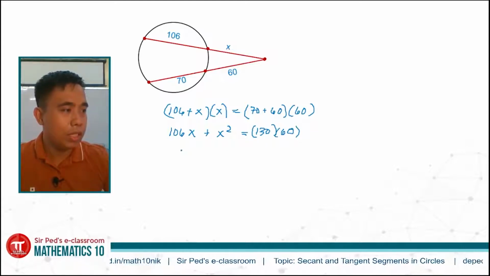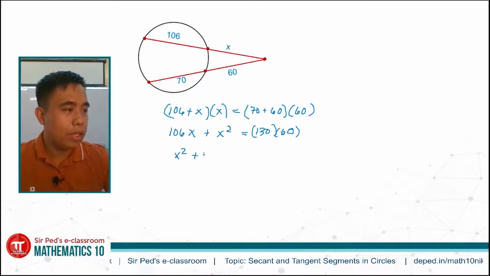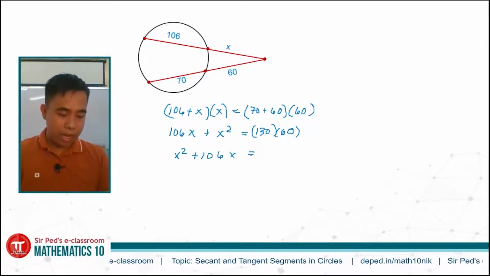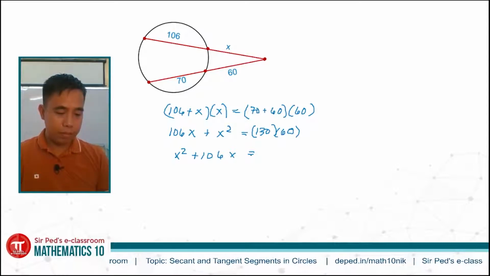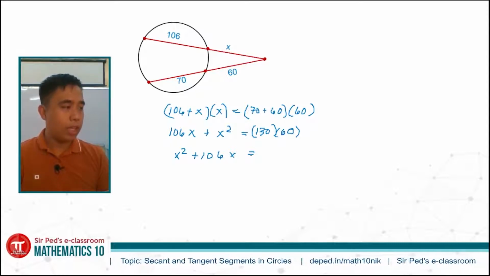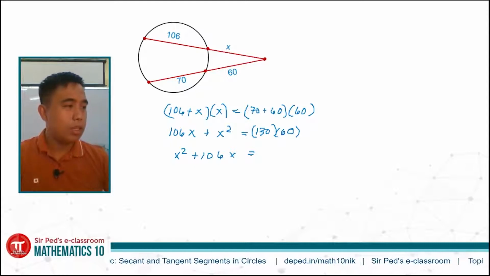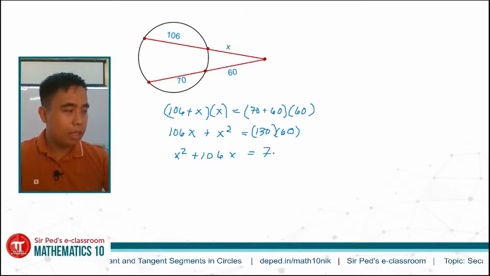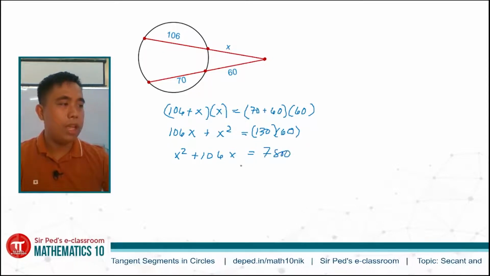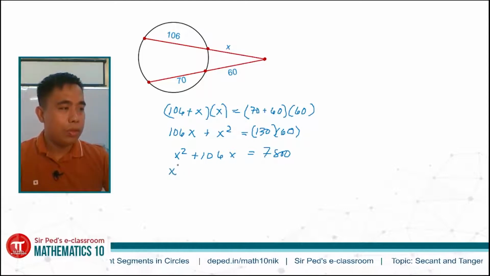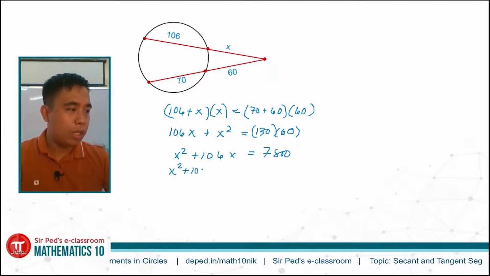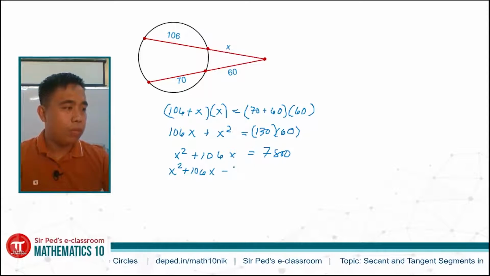Arrange natin in order. So that will be x squared plus 106x is equal to 130 times 60, that is 7,800. So, by addition property of equality, that will be minus 7,800.